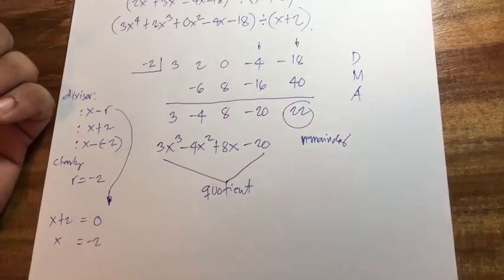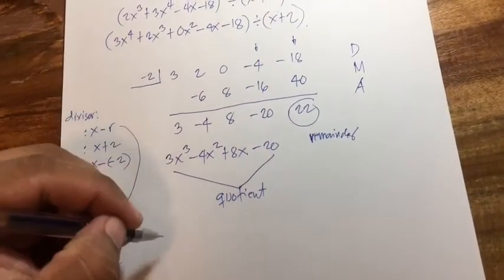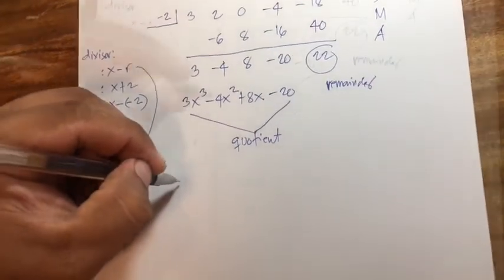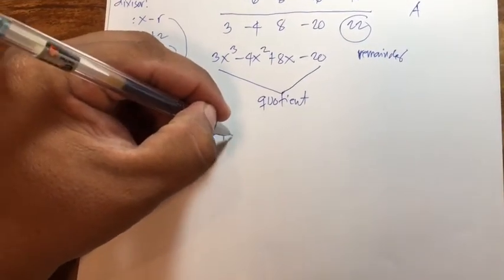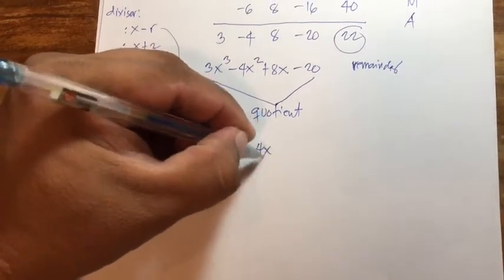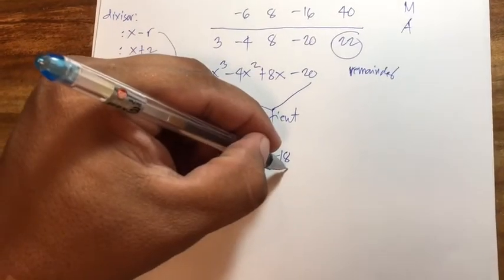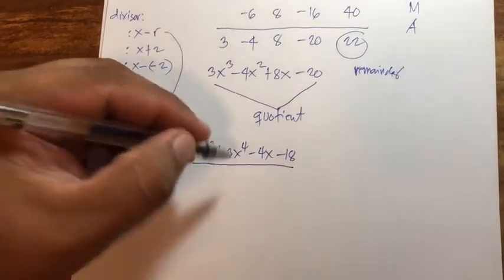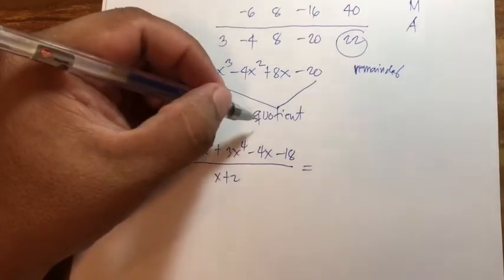Okay, are you ready to write our final output? So in this case, we will have 3x to the 4th power plus 2x cubed minus 4x minus 18 divided by or all over x plus 2 equals our quotient.